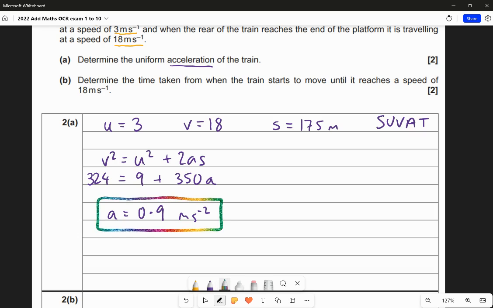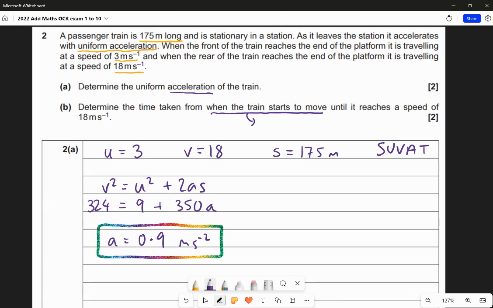Part B, determine the time taken from when the train starts to move. So this is before the front reaches the end of the platform. So when the train starts to move, it starts from stationary. It says that in the start of the question. It's stationary in the station. So then U is 0 until it reaches a speed of 18. So V is 18.